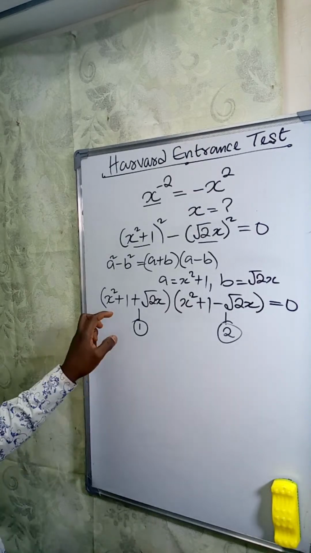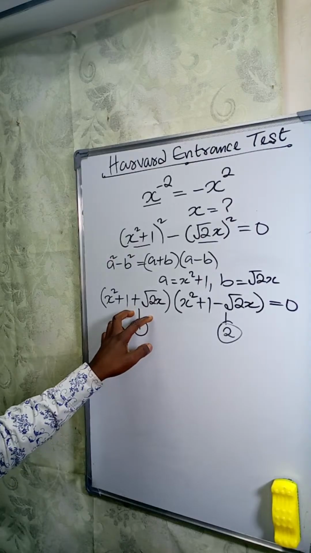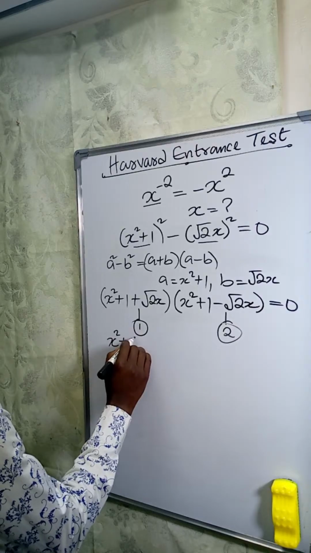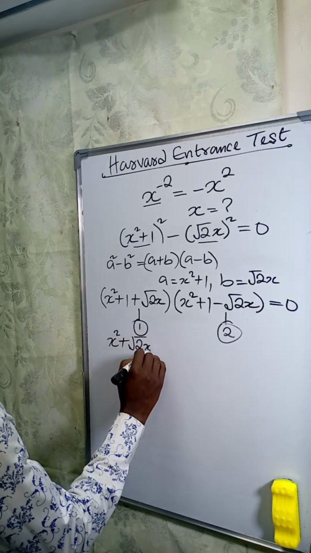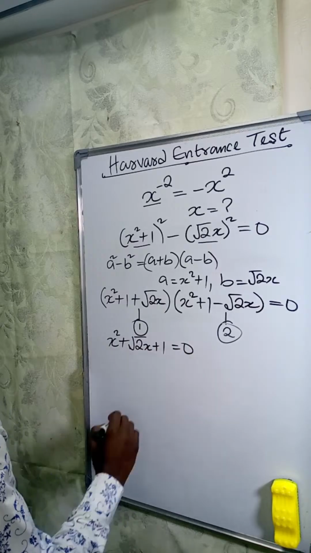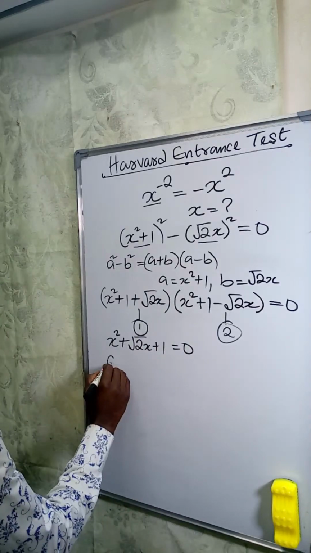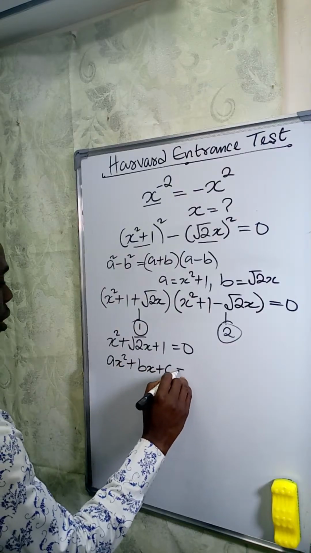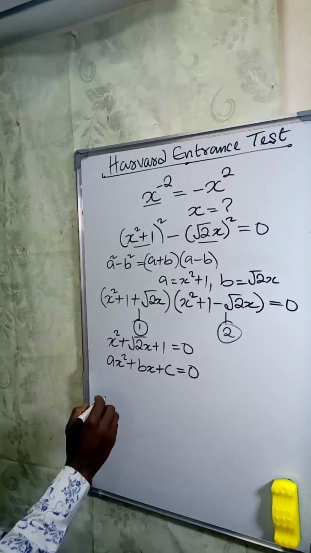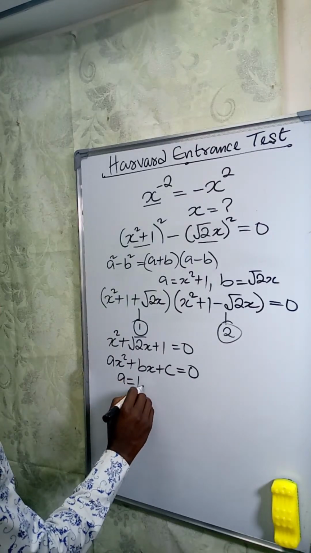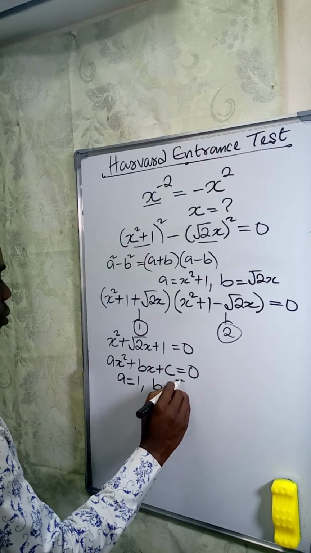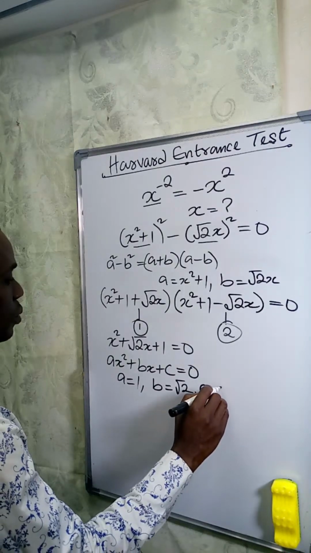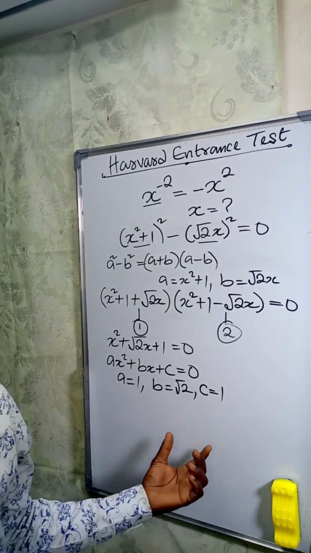Now let's look at this first part. If we take it and rearrange it, we're going to have x squared plus square root of 2 x plus 1 equal to 0. If we compare it with ax squared plus bx plus c equal to 0, you find out that a is equal to 1, b is equal to the square root of 2, and c is equal to 1.